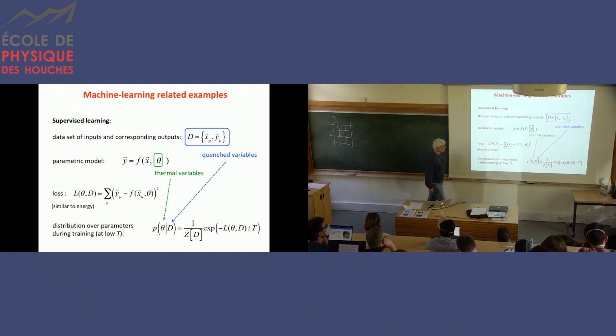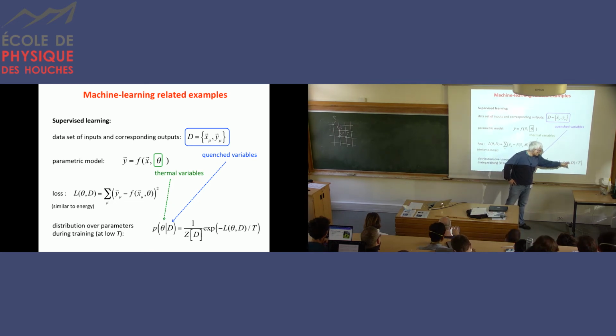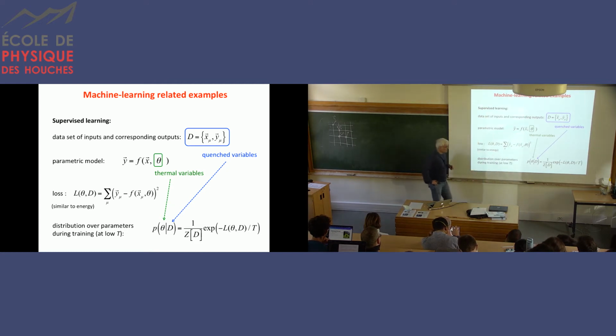So in fact, the analogy can be quite deep. Consider the loss, which is a measure of how badly my guess for the parameters theta is doing, a measure of the squared discrepancy between the desired output and the one computed by my model. I may think that I would like to distribute my theta parameters according to some distribution controlled by some effective temperature, not a physical one, just a fictitious one: exponential of minus the loss over T. That defines a probability distribution for theta conditioned on the data set.